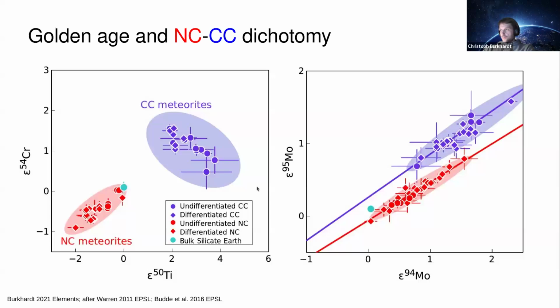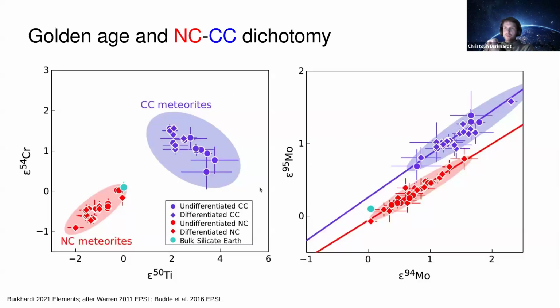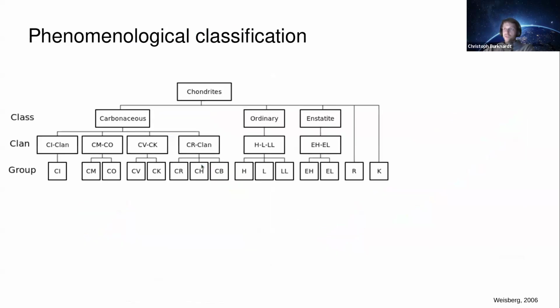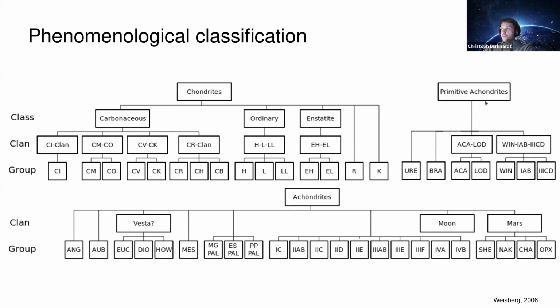And this basically, this isotopic dichotomy, allowed us to move from a more phenomenological classification of meteorites, where we have meteorites that have chondrules and meteorites that do not have chondrules, and meteorites that maybe have some relic chondrules.